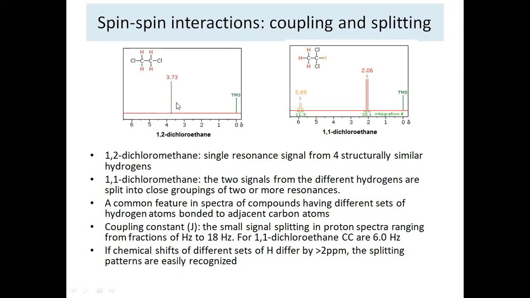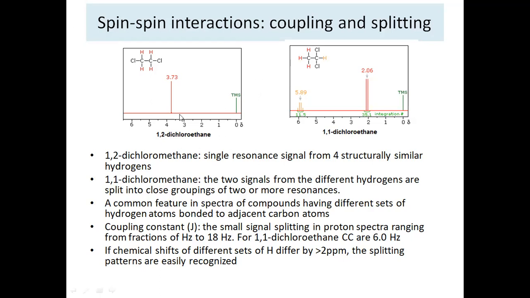A single peak indicates that whatever number of protons are there, they are all exactly the same. The chemical shift tells you about what the molecule could be. So if the chemical shift is 3.73, that would help us identify this molecule as 1,2-dichloroethane, because this chemical shift is characteristic for 1,2-dichloroethane.